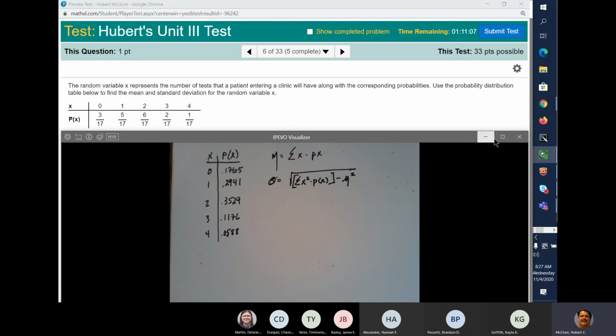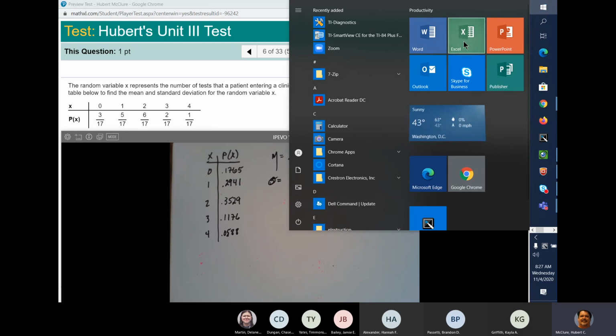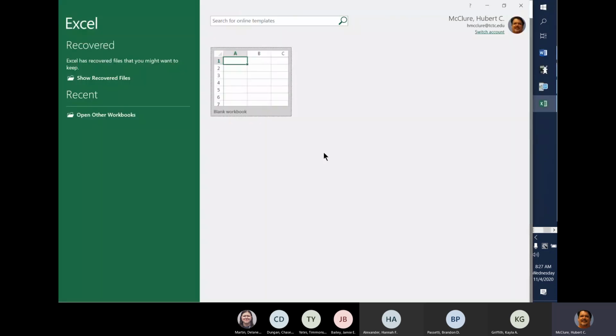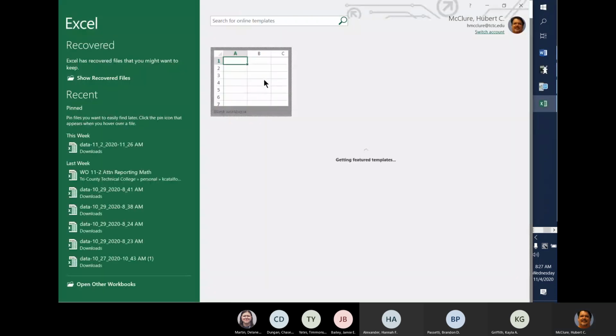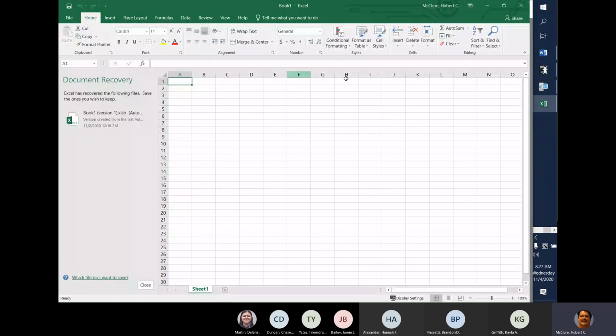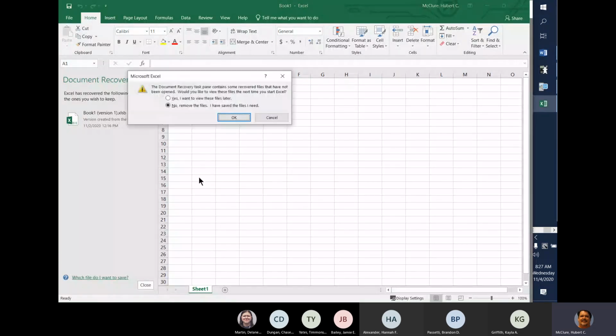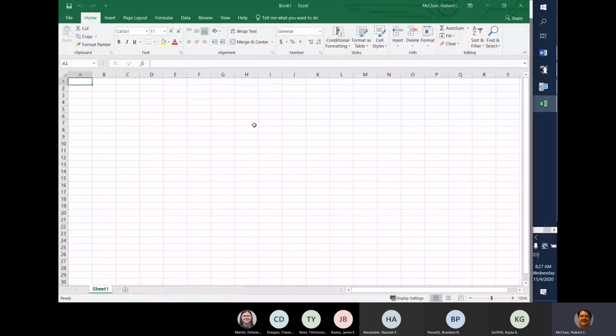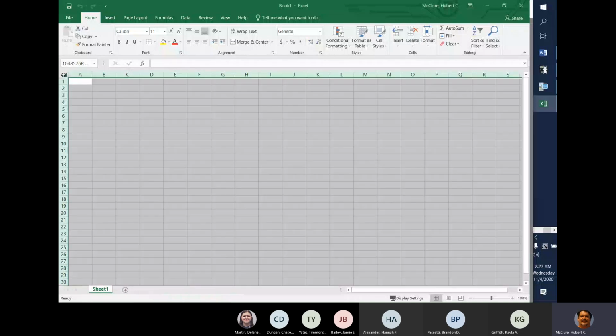I'm going to pull up the Excel spreadsheet because that's the easiest way to show you how to do everything on the limited screen area that I have. Not that you have to learn how to do Excel. It wouldn't hurt, but this is the best way to show you in this class format.